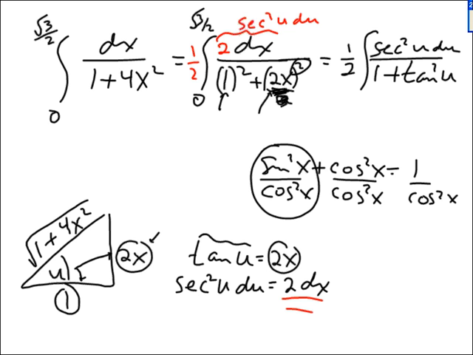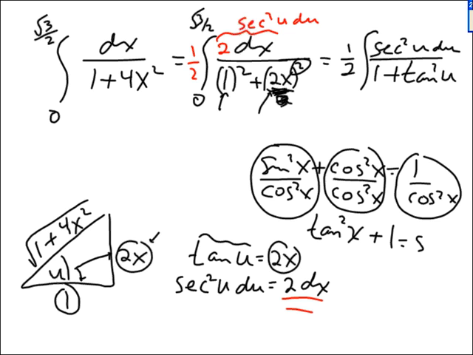Sine x over cosine x is tangent x, but both the sine and the cosines are being squared. It's tangent squared x. And this, of course, is 1. And 1 over cosine is secant. But it's not 1 over cosine x. It's 1 over cosine squared x. So we get secant squared x.